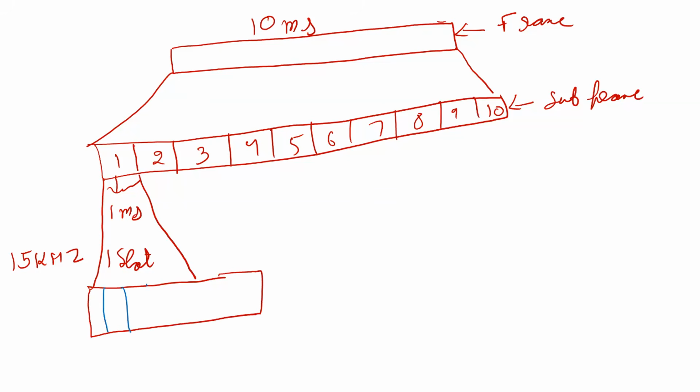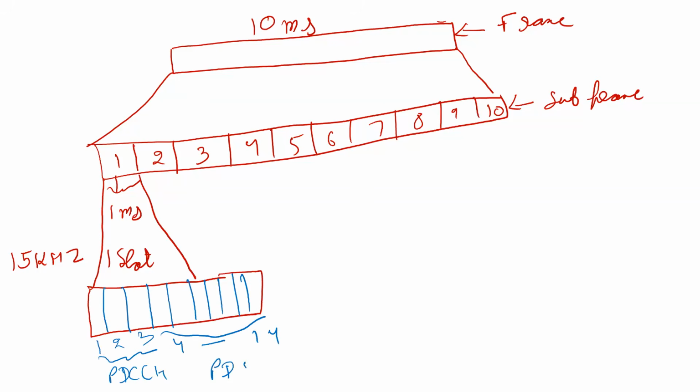We have 14 OFDM symbols. Out of these, the first 3 symbols are used for signaling, or you can say the PDCCH channel, and the rest of the 11 symbols, from 4 to 14, are used for data transfer. Okay, so this is the same as LTE.